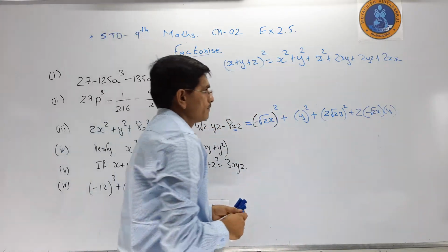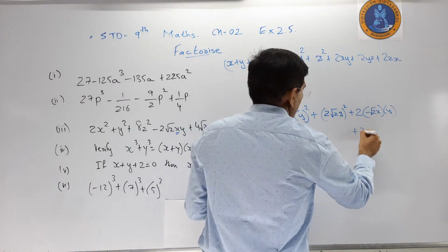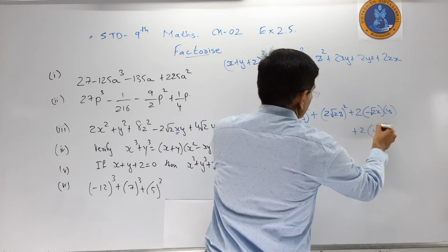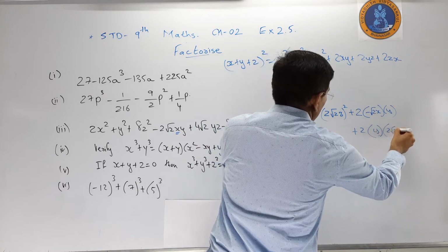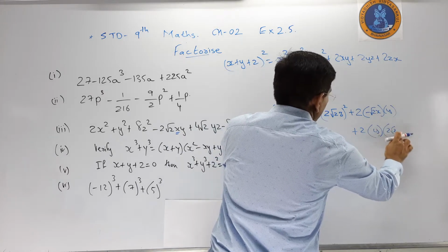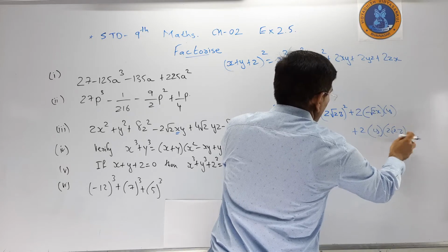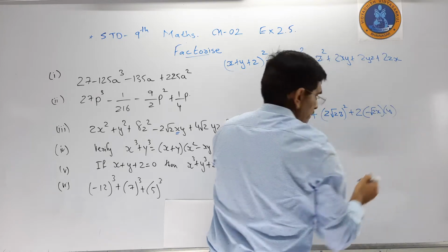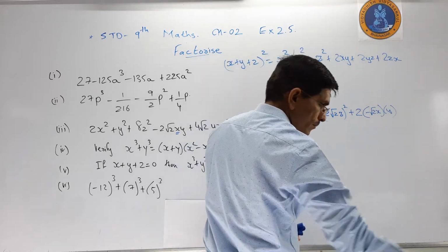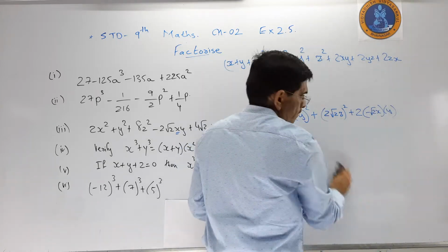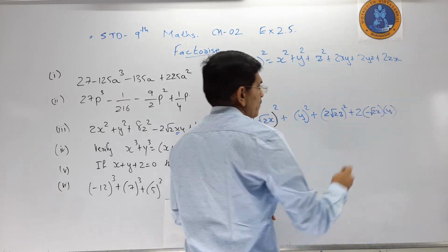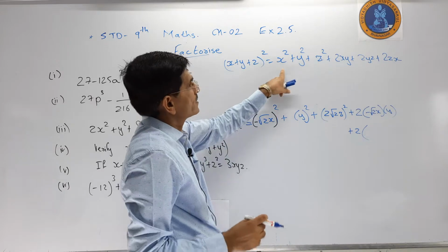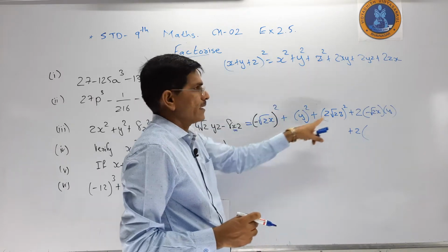Again plus 2 into y into 2 root 2 z. Here it is z. So plus 2 first term, second term, third term, first term, second term, third term.